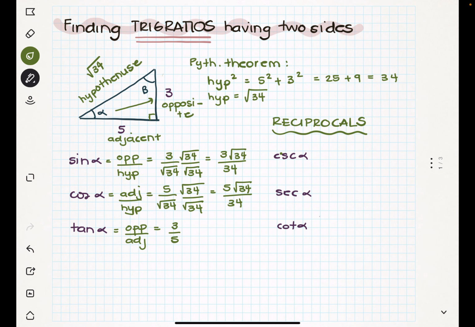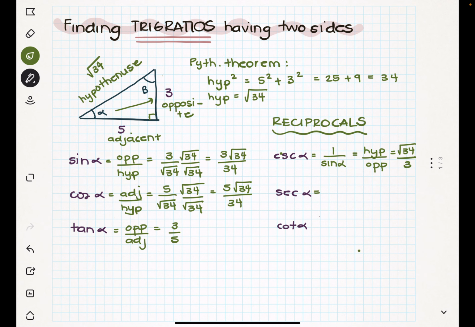Now the reciprocals. The reciprocal functions are the inverted functions. So cosecant is defined as 1 over sine. Or if we are talking about opposite, adjacent, and hypotenuse, we just flip them, right? So we would have hypotenuse over opposite. And in this case, the hypotenuse is square root of 34 and the opposite is 3. If you see, we're just flipping the results that we already have.